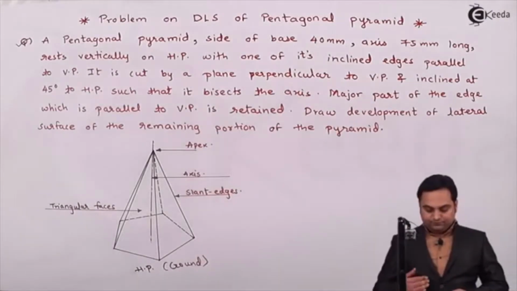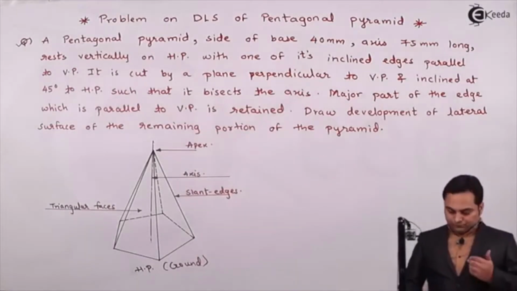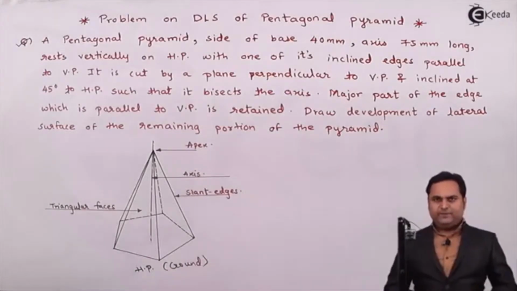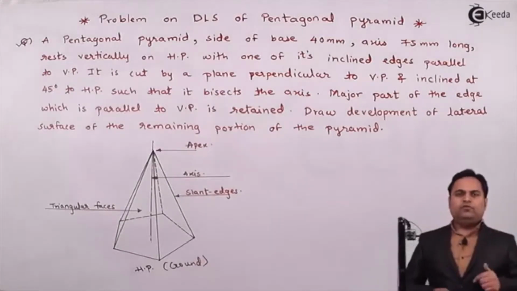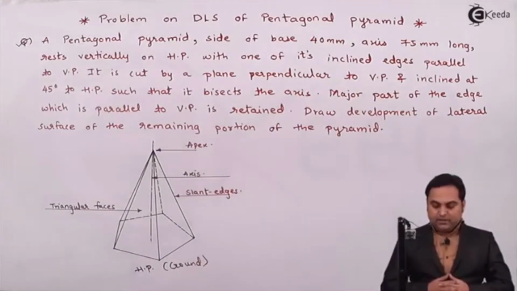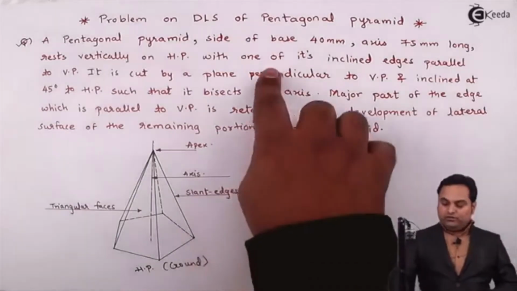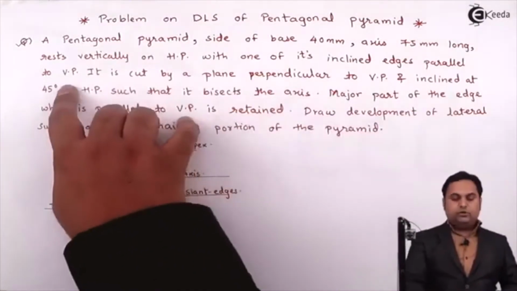It means when we are drawing it, we have to draw the pentagon in HP because it is resting in HP. So from the top view we are going to see the pentagonal base, and the condition is given that with one of its inclined edges parallel to VP.